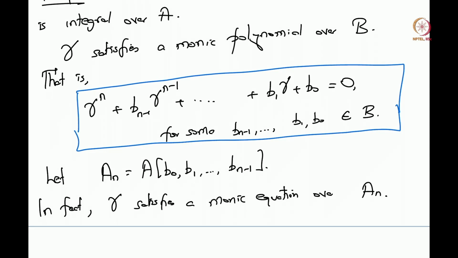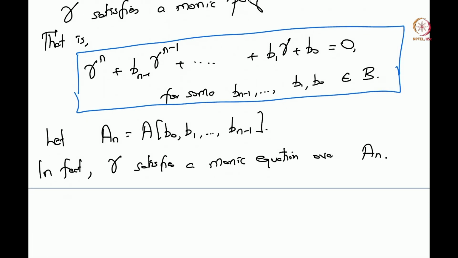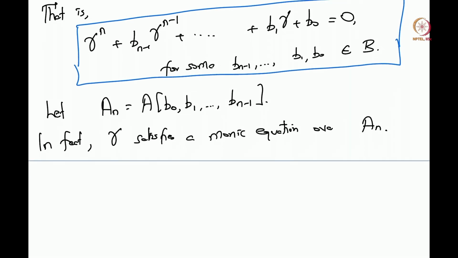What I have is that gamma satisfies a monic polynomial over B. I write down a monic equation, I collect all the coefficients b_{n-1} up to b_1 and b_0, I adjoin that to A. So what I in fact have is this stronger statement that gamma satisfies a monic equation over A_n. It's a more precise statement.